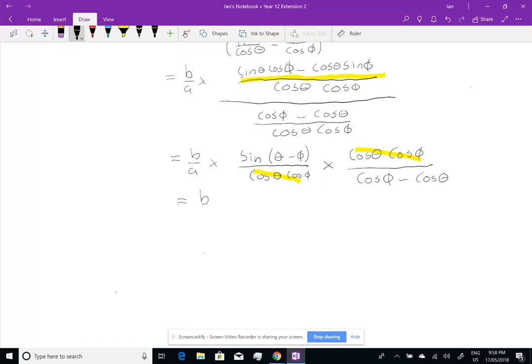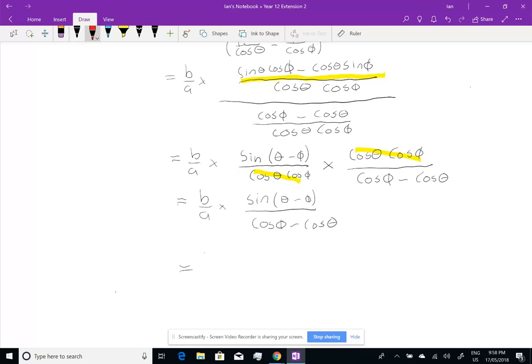So we've got B on A times, and now it looks pretty simple, sine theta minus phi over cos phi minus cos theta.